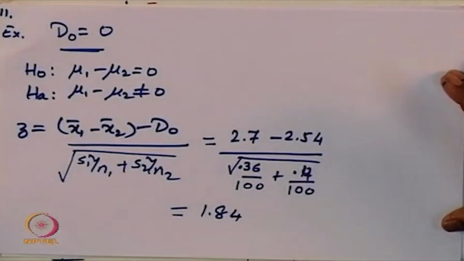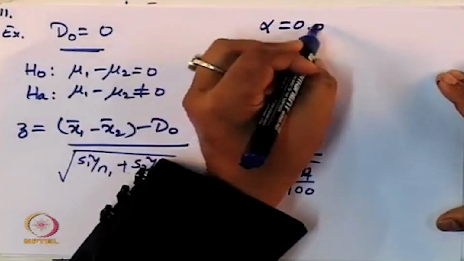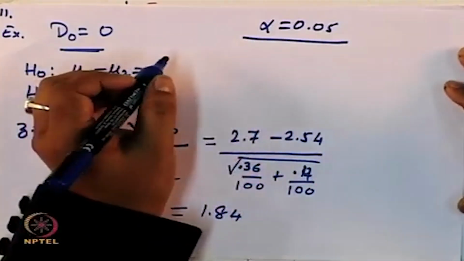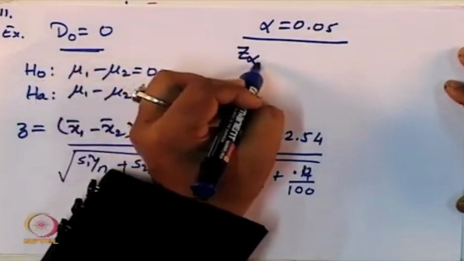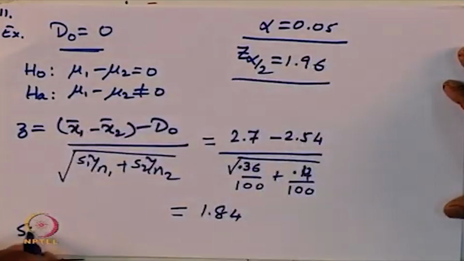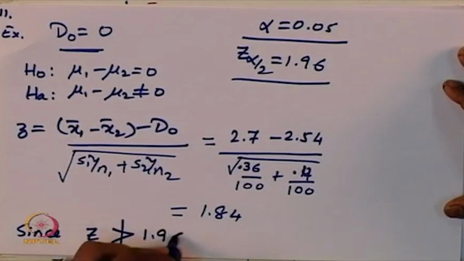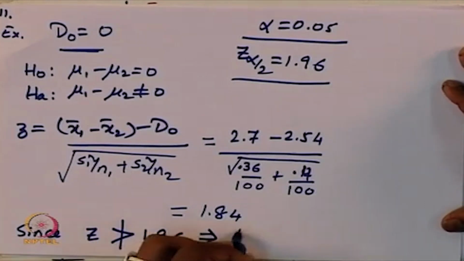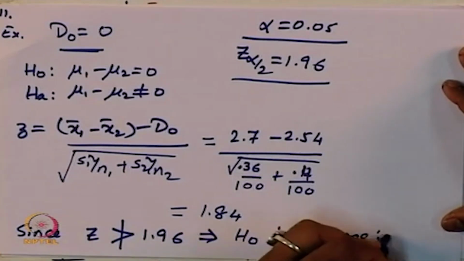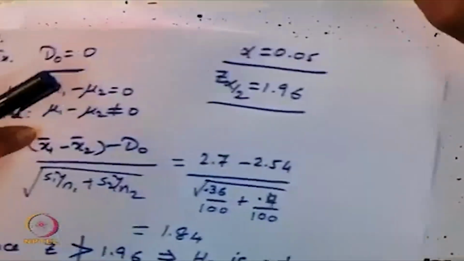How will you know whether this is significant or not? Corresponding to alpha equal to 0.05, you are doing a two-tailed test, so z of alpha by 2 is 1.96. Since z is not greater than 1.96, I will say H naught is not rejected. And this is also clear by computing the p value.